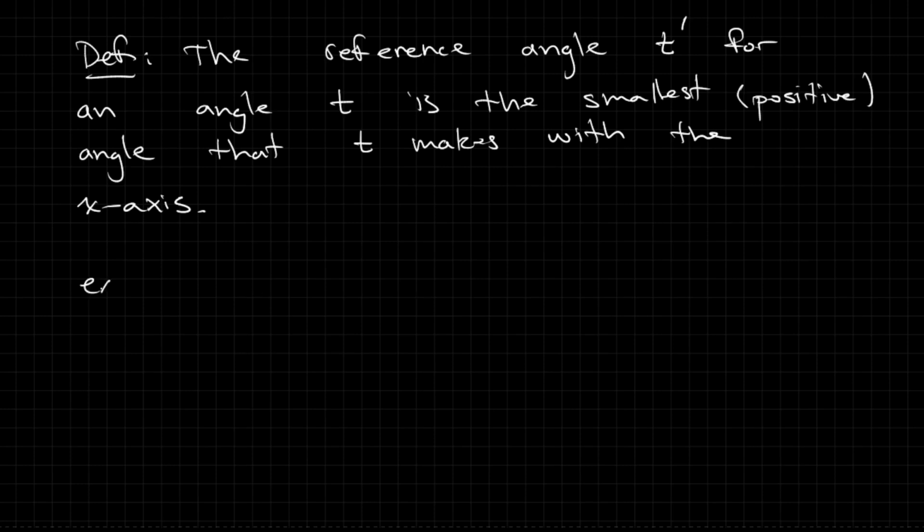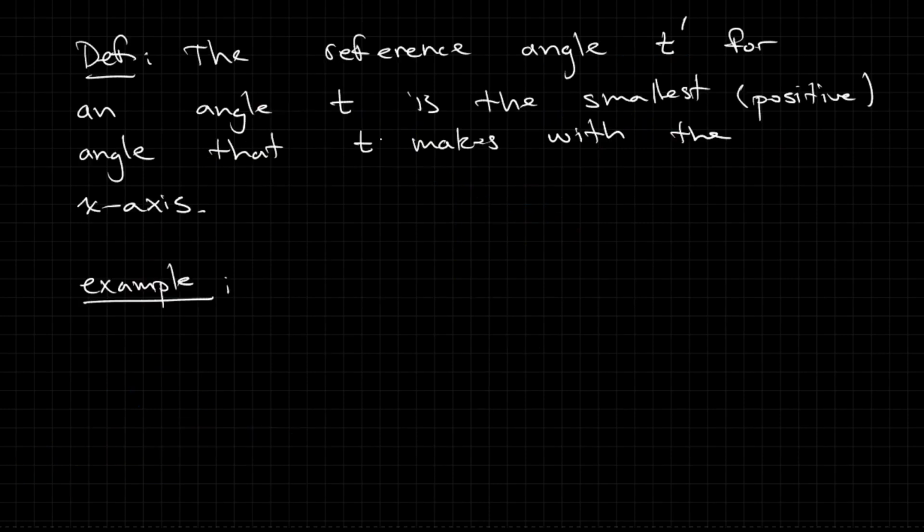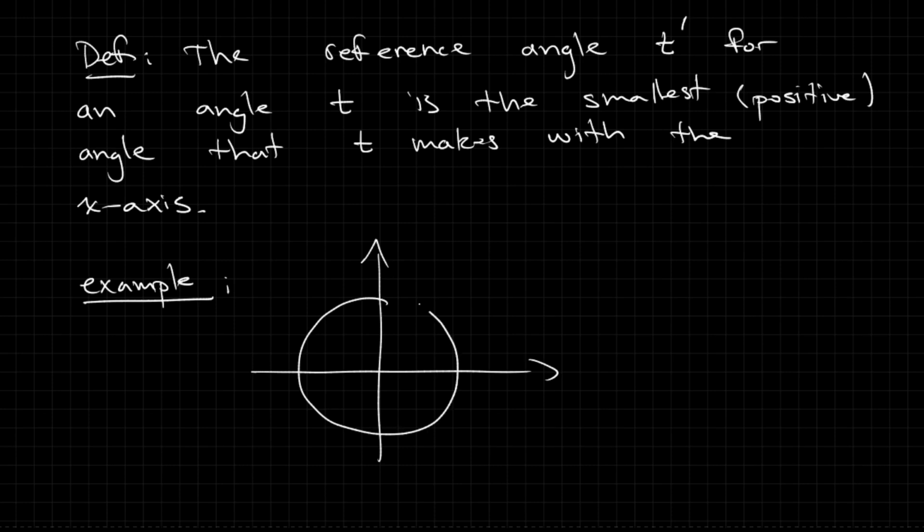So for example, let's think about what we just discussed with our 5 pi over 4 example. So we'll do a rough little sketch here. There's the unit circle. And 5 pi over 4 was this angle here.